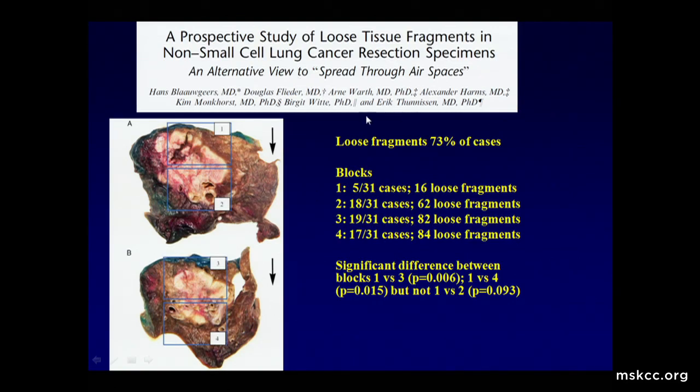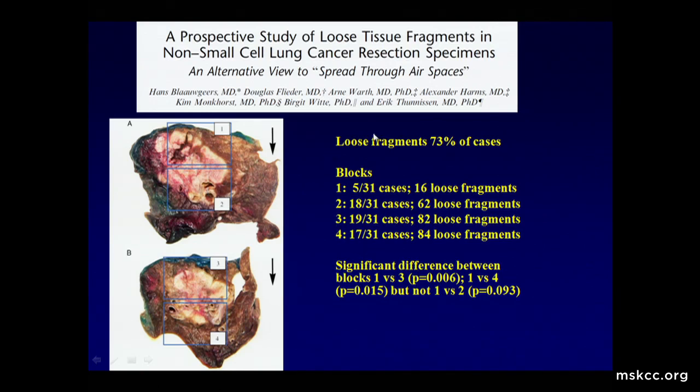So then there's this controversy, and that is a very healthy discussion to be having, whether this is an artifact or not. And here in this study, they did a series of cases looking at samples of what they called block 1, 2, 3, and 4, and basically showed statistical differences between blocks 1 and 3 and 1 and 4, but not 1 and 2.